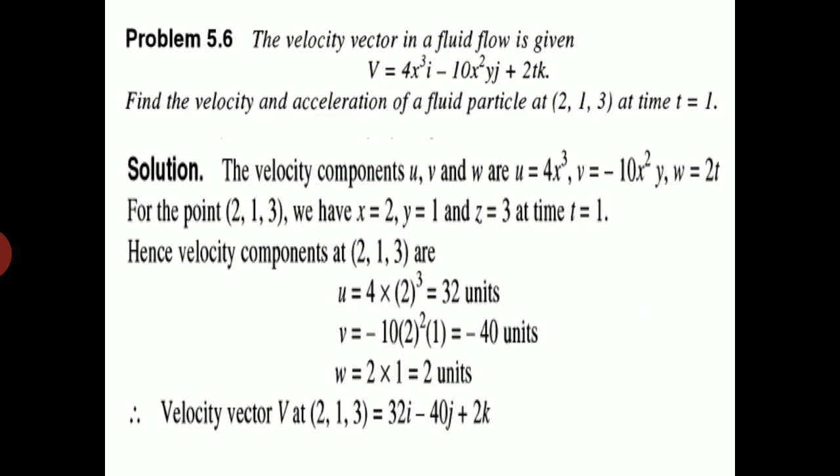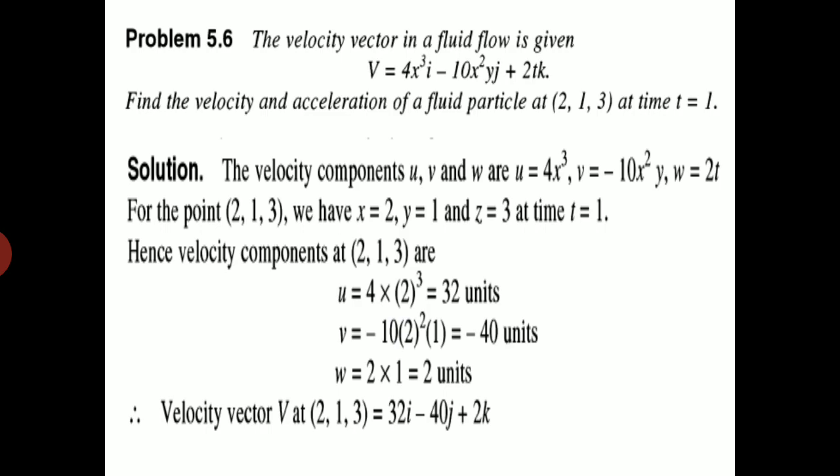We have also been given the point 2, 1, 3, which represents x is equal to 2, y is equal to 1 and z is equal to 3 at time t is equal to 1. How to solve this? We have been given that u is equal to 4x cube and x is equal to 2, so we just substitute. Here we have 4 into 2 cube, which gives us 32 units.